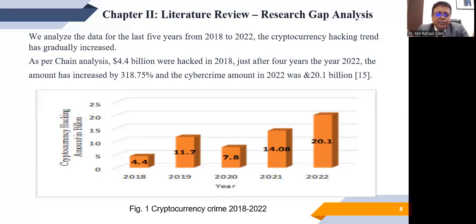If you look at the figure of cryptocurrency crime cases, in 2018 the crime was $4.4 billion, and in 2022 it is $20.1 billion, as per Chainalysis. We give the reference in our paper. This is very alarming and gradually increasing, so we need to analyze this data from a security perspective.